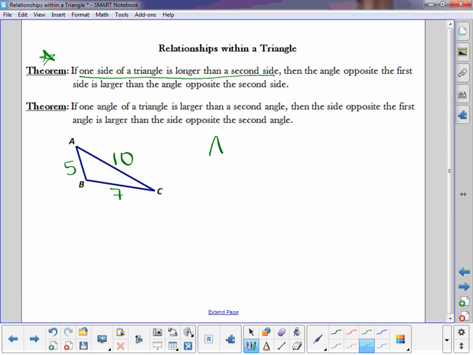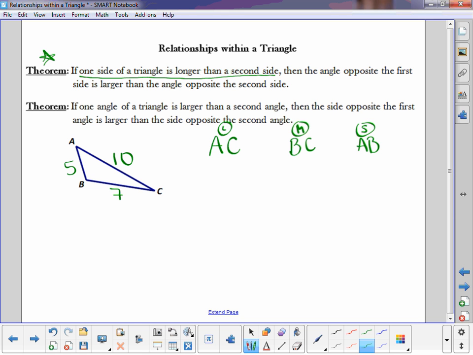Side AC. So the measure of AC is my biggest. I'm just going to write a little L above to mean largest. What's my medium side? BC. Good. BC. I'm just going to write a little M to mean medium. So that way when you look back, you know what we're doing here. And my smallest side then would be AB. Alright, so my large side is AC. We have that measure 10.